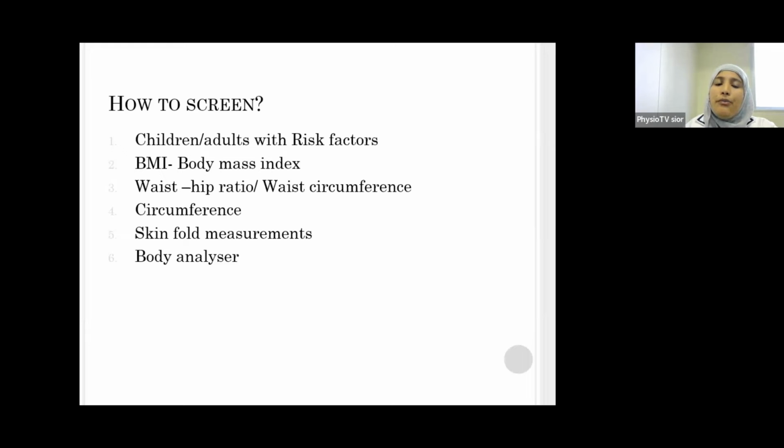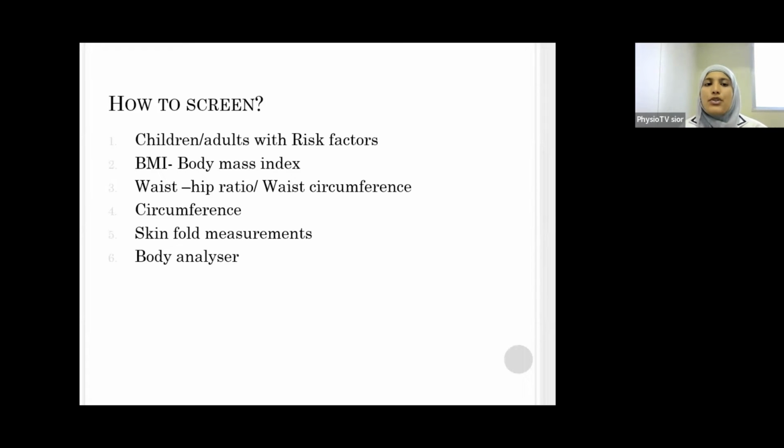So first is BMI, that is body mass index, which we just saw. Then there is your waist-hip ratio and waist circumference. Now, waist-hip ratio is a good tool to segregate whether you have central kind of obesity or peripheral kind of obesity, but it has its own lacunas.